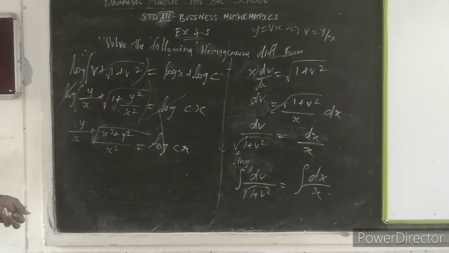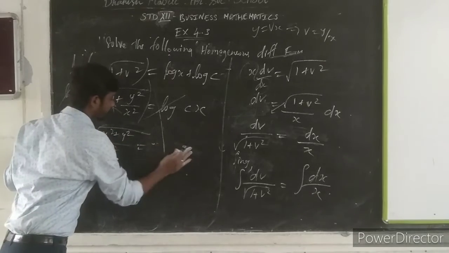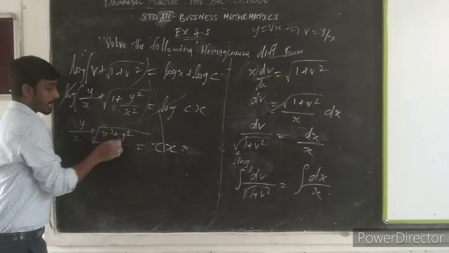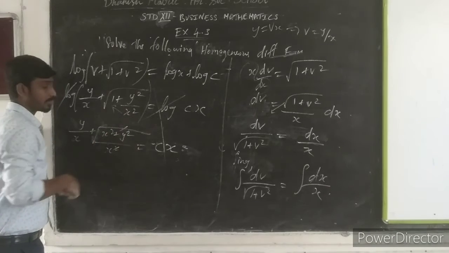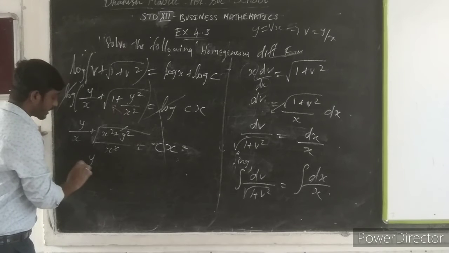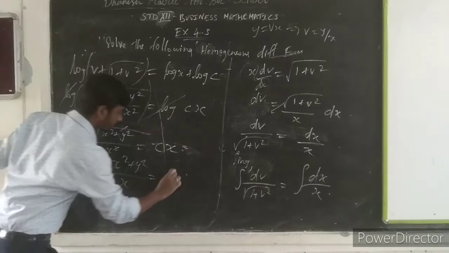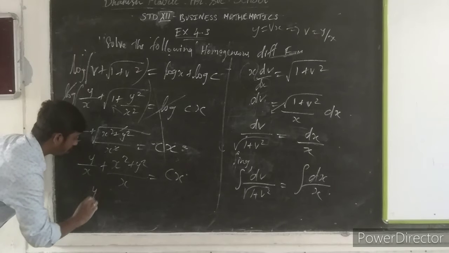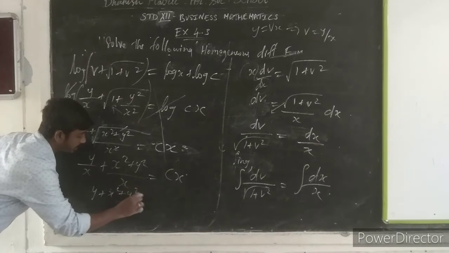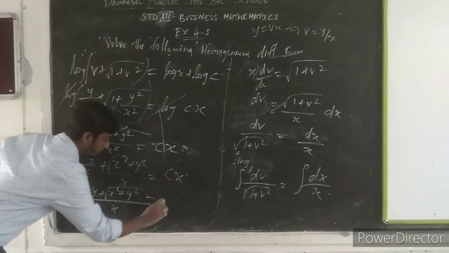Now it can be taken into another form. There is no need to write log here. Now root and square will be cancelled. Taking root for the numerator and denominator, the root will be cancelled. What is the remaining value? y divided by x plus root of x square plus y square divided by x equal to cx.